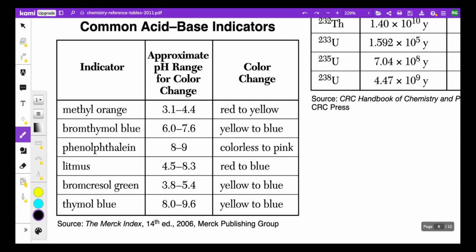You can kind of assume that from the name. And you add indicators to solutions, okay? Now, if we're adding methyl orange, let's say that methyl orange starts out red.